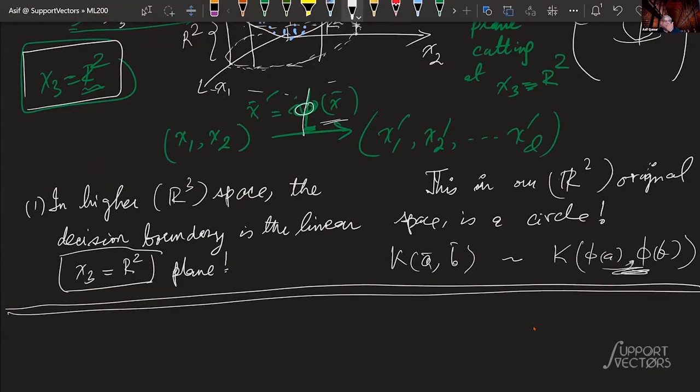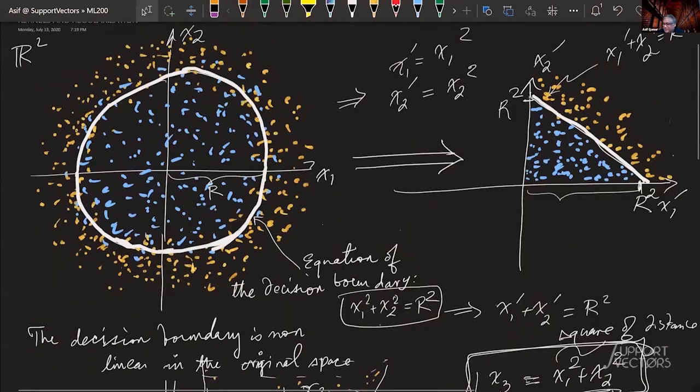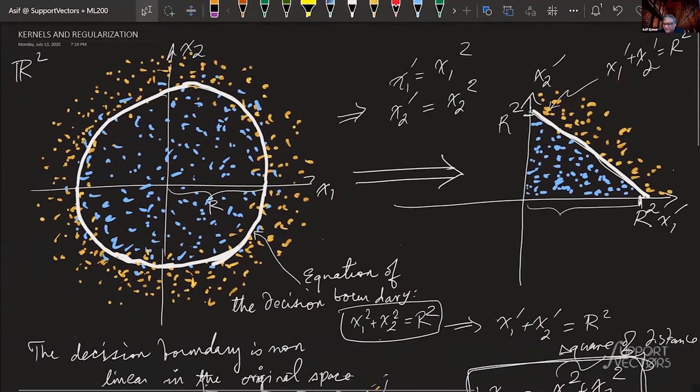So I hope I summarized the concept of the kernels. So Asif, what is the phi and the k here for this going from 2 to 3 dimensional? You did it manually, but yes. So in this particular example, let us say that I gave you two possible journeys, from here to here, and then from here to here.